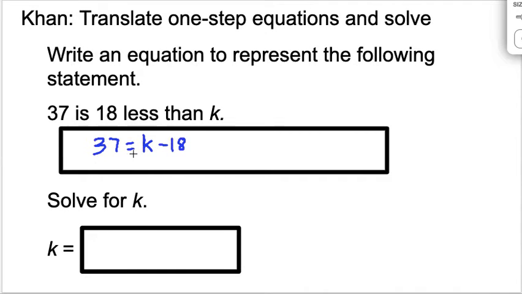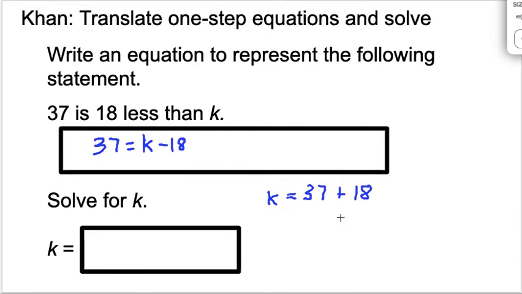So there's our equation. Then we need to use what we know about solving that to figure it out. We talked about this. We end up with subtraction. So we know that in order to solve that for k, k will be equal to that opposite operation. Since it was subtracting 18, we need to add 18. 37 plus 18.